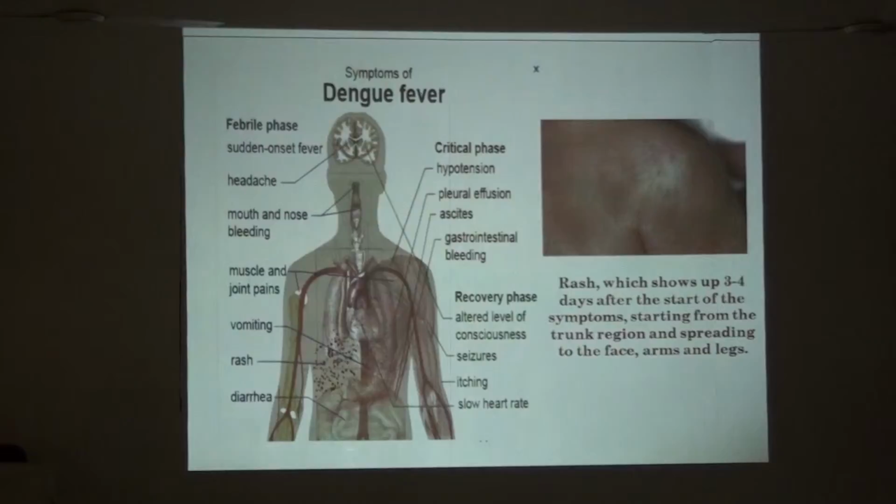In the recovery phase, altered level of consciousness may lead to seizure, itching or slow heart rate. There is a characteristic dengue virus rash, which starts 3 to 4 days after the onset of symptoms, starting from the trunk region and spreading to the face, arms and legs.